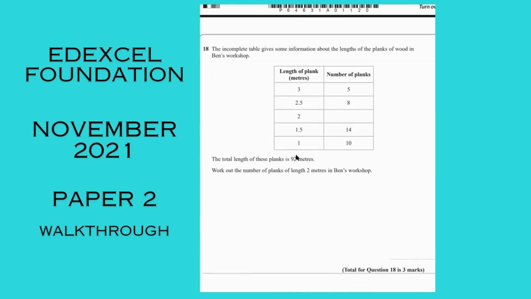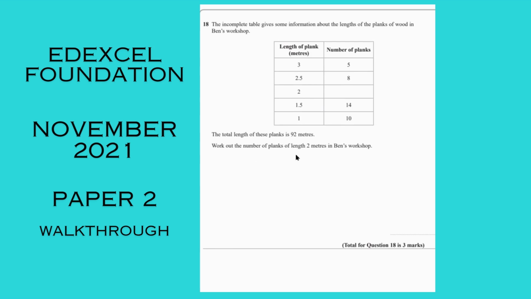On to number 18. So it's an incomplete table. Okay, the total length of the planks. Well, let's work out the length of the ones we know. So 3 planks of 5 meters, sorry, 5 of them. We have 15, 2.5 times 8.